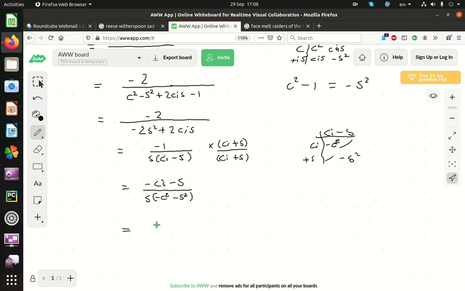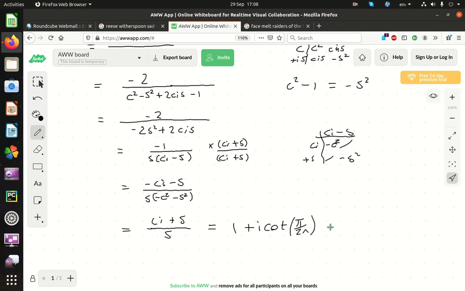I can apply it on the top and I get ci plus s. Oh, hang on, sorry, I've got to times the top. Oh, yeah, no, I've done that. Over s, and that is the same as 1 plus i cot of pi over 2n. And I hope you can see why.